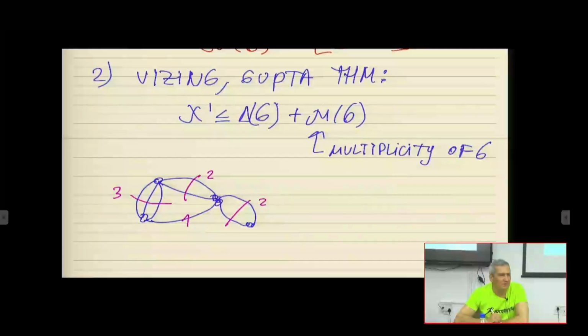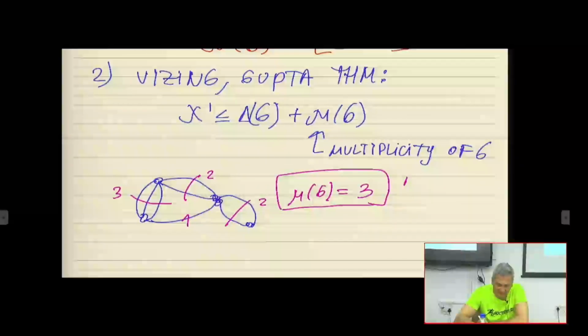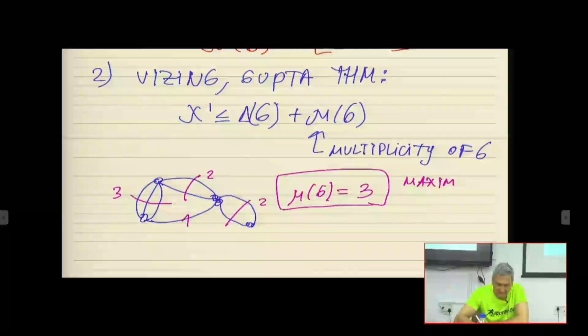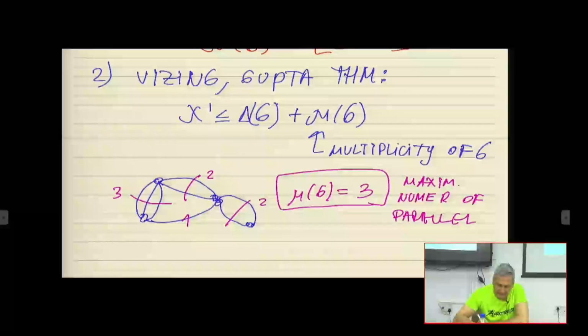So what will be the multiplicity? What do you think? The maximum number out of these. So the multiplicity of graph G is 3. It is the maximum number of parallel edges.